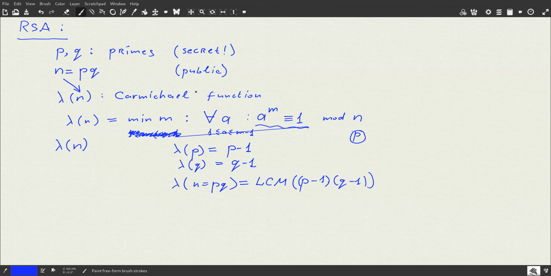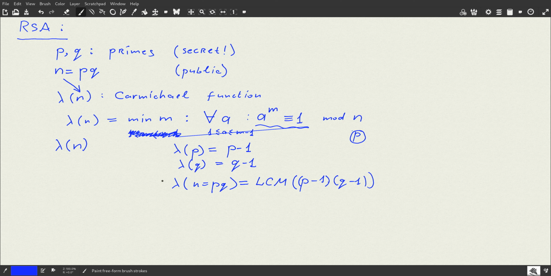P and Q are sufficiently large primes, but obviously P minus 1 is even, Q minus 1 is also even, and therefore the least common multiple of P minus 1, Q minus 1 is not a product of them. Actually, instead of this least common multiple, you can use a product, but it is unnecessary. So LCM would do. In the original RSA invention of 1977, it was just a product.